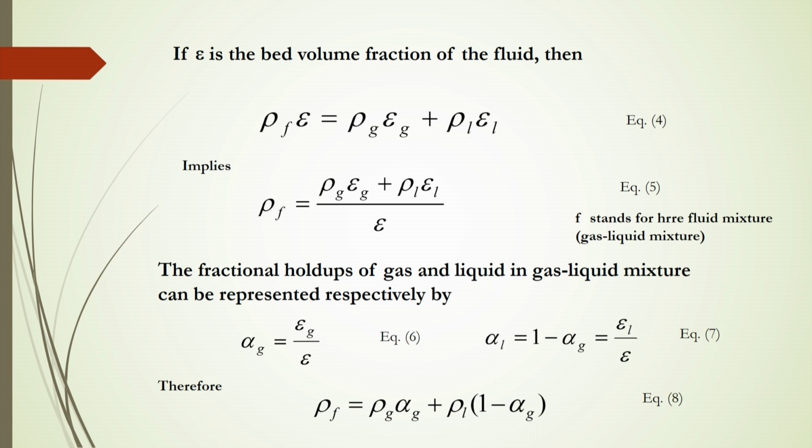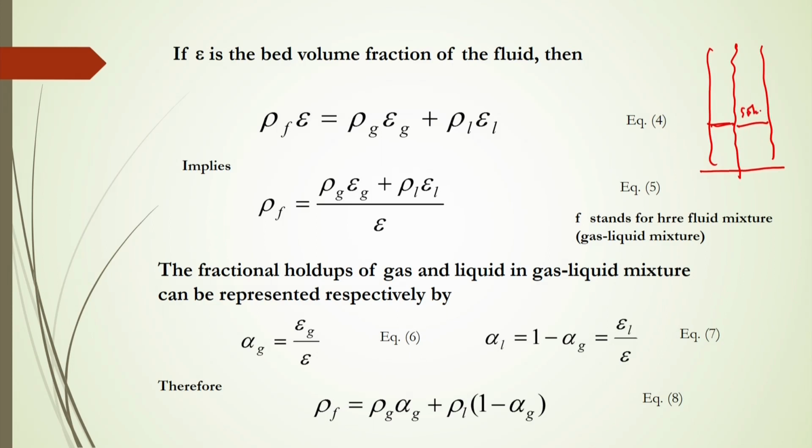Fluid here means the solid will not be considered; only the gas and liquid mixture. So, just considering the gas and liquid here, suppose in the fluidized bed this part is gas and liquid, and this is solid.